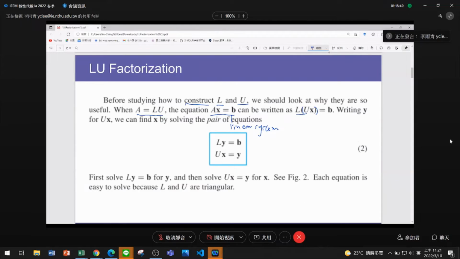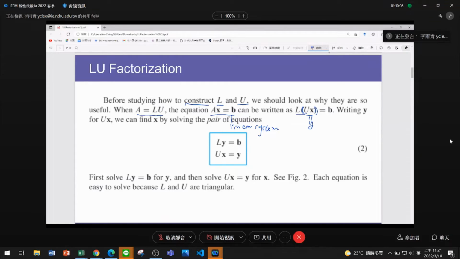So we use a parenthesis to put UX inside. And then we replace UX by Y. We write Y for UX.